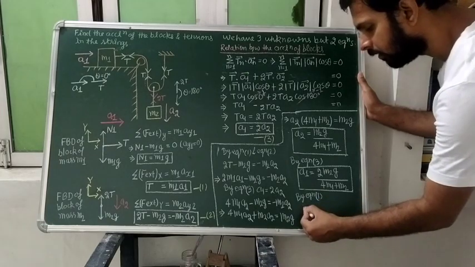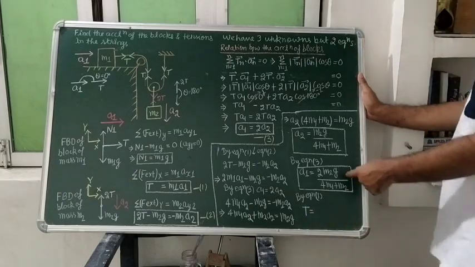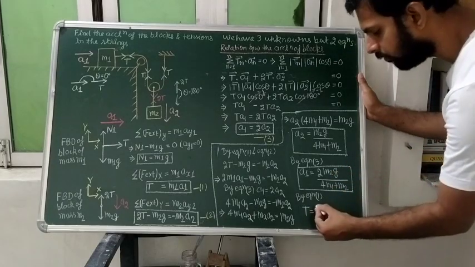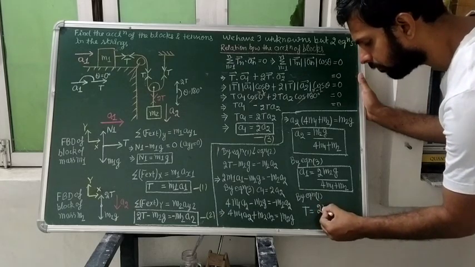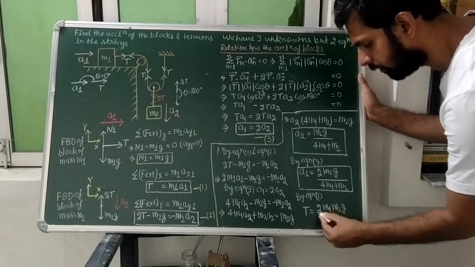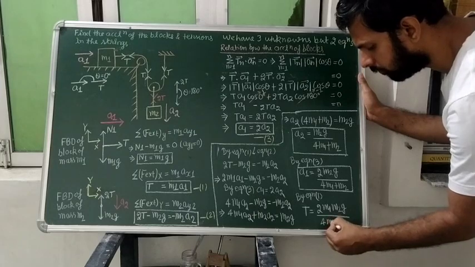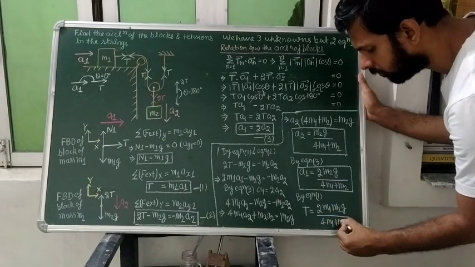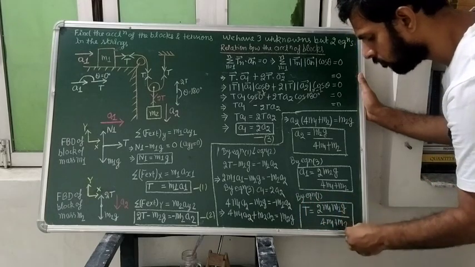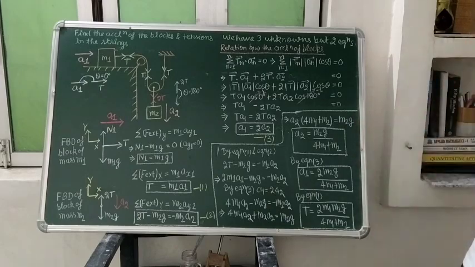Tension will be m1a1, and your a1 is twice of m2g divided by 4m1 plus m2, so it will become twice of m1m2g divided by 4m1 plus m2. So we have come to know what the acceleration and tension will be.